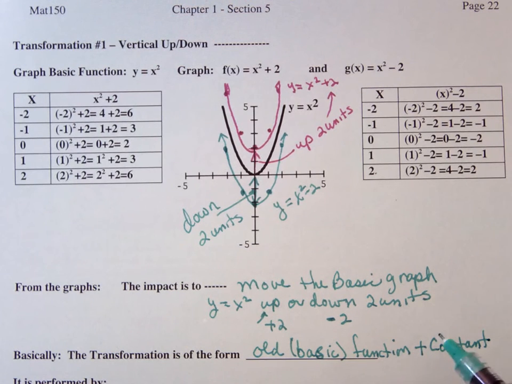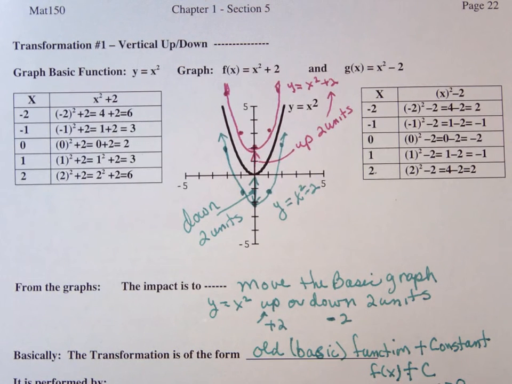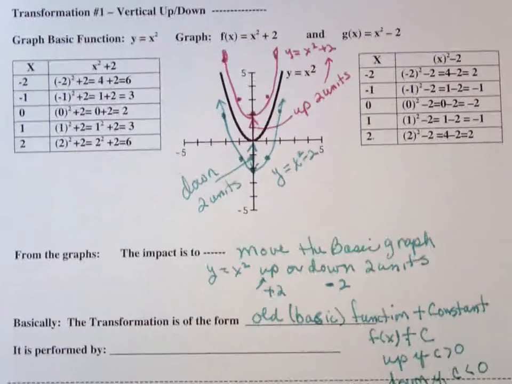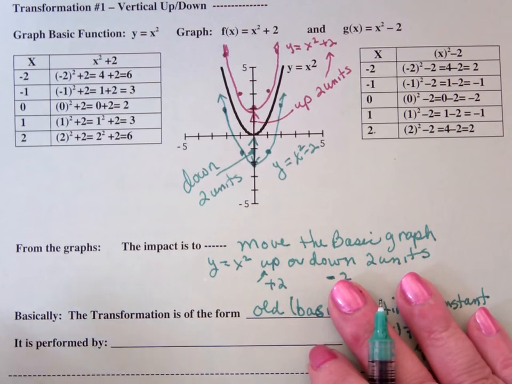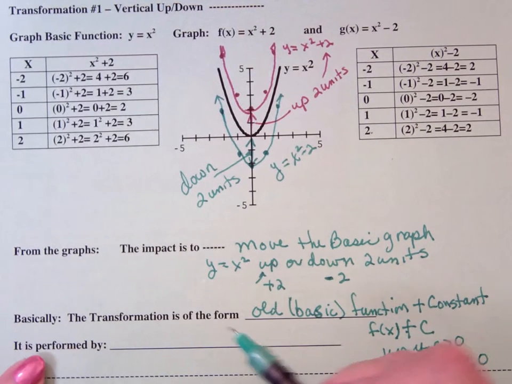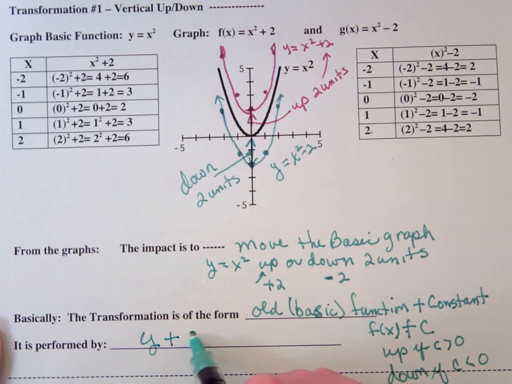It would be up if the constant is positive, and down if the constant were negative. And it is going to be performed by taking the y value and adding c to it.